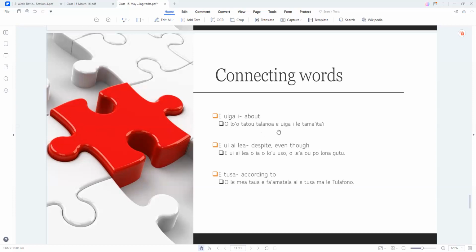O lo'o tatou talanoa e uiga i le tamaitai. We're talking about the lady, the woman. So o lo'o tatou talanoa e uiga i. Again, another way you can connect one thought, o lo'o tatou talanoa, with another thought, le tamaitai.